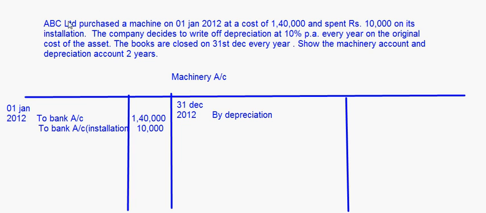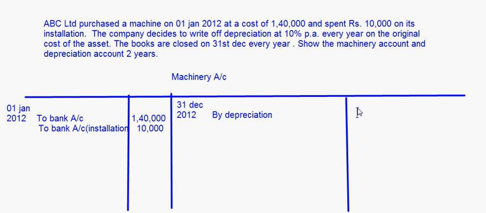So now that will be 1,50,000 into 10 upon 100 for the whole year. The asset is purchased on 1st January 2012, right? So 1st January to 31st December, it's the whole year, so we have to give it for 1 year, right? So here it will be 15,000, fine. So by depreciation we'll have 15,000, fine, and then you have to balance this now.